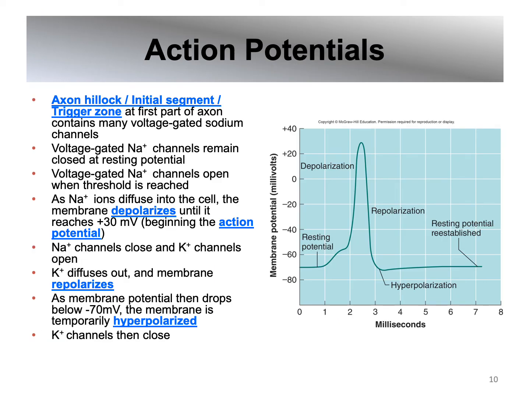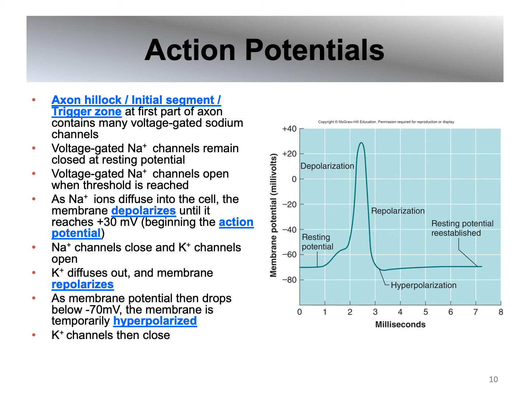Axon hillock is the initial segment or trigger zone of the axon, where the axon starts to form from the cell body. Axon hillock has many voltage gated sodium channels, and during the resting membrane potential they remain closed.